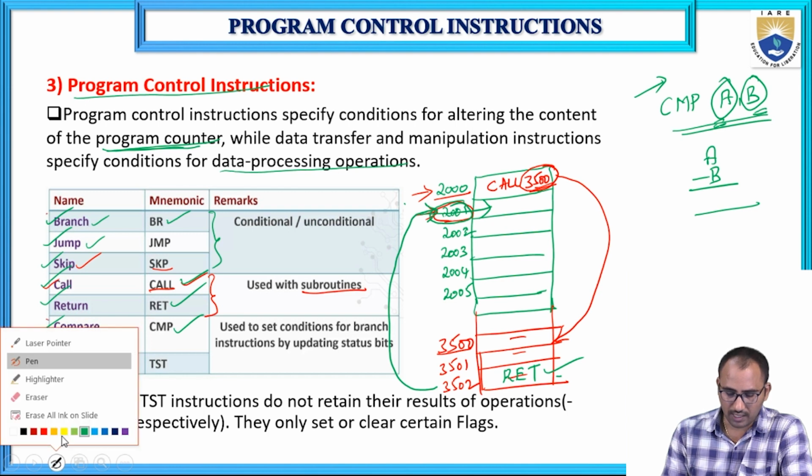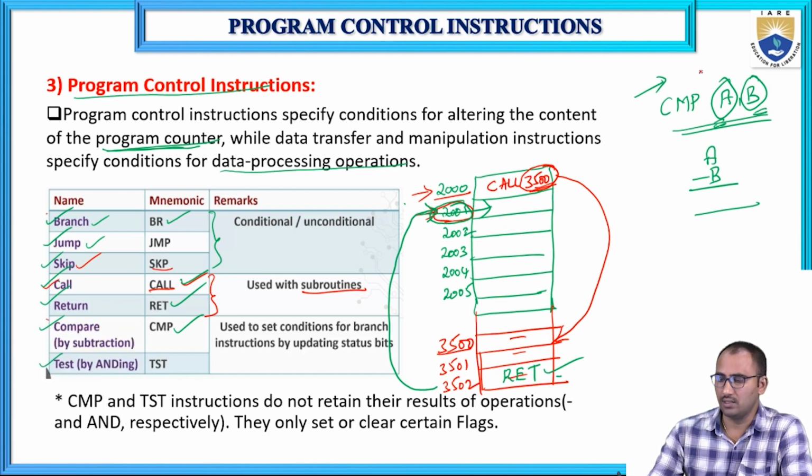So what are the different flags? We have the carry flag, sign flag, parity flag, overflow flag, auxiliary carry flag, and so on. Based on the result, any of these flags will be set or reset. This comparison instruction can be used to update the flags only. The result will not be stored anywhere. And test.